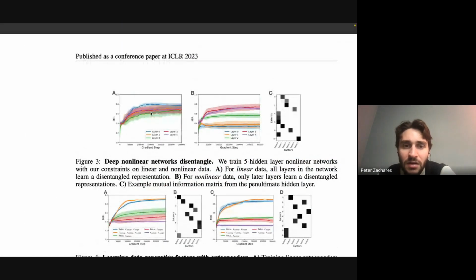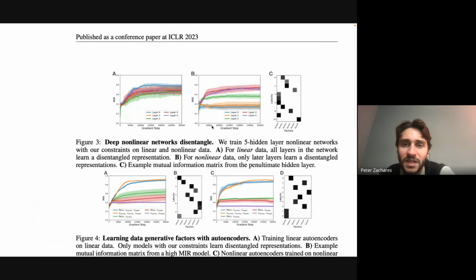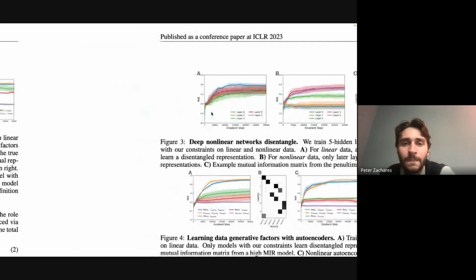A is for linear data, so all of the layers achieved high mutual information ratio. But when you have nonlinear data, the first couple layers had the worst mutual information ratio, and the other ones had higher, which you can see over here in 3B.